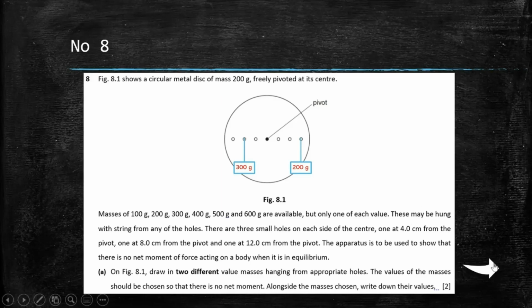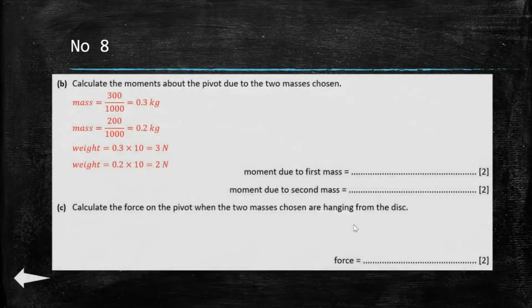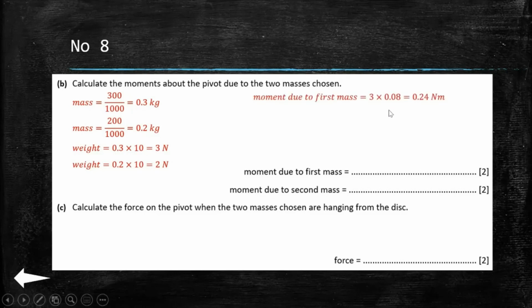So, the moment due to the first mass is 3 times 0.08, which equals 0.24 Newton meter. While the moment due to the second mass is 2 times 0.12, which equals 0.24 Newton meter.